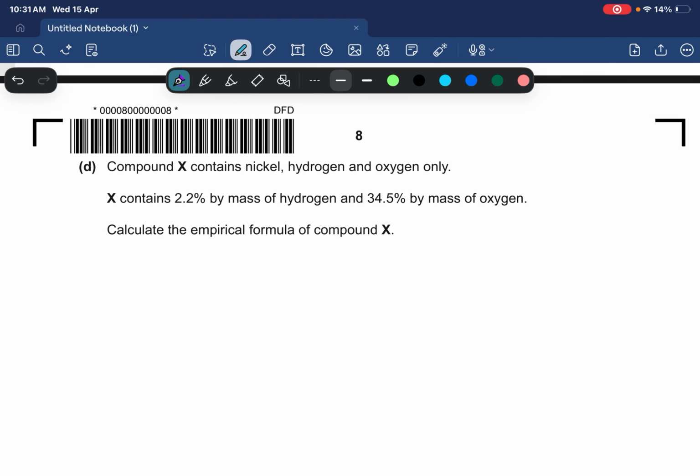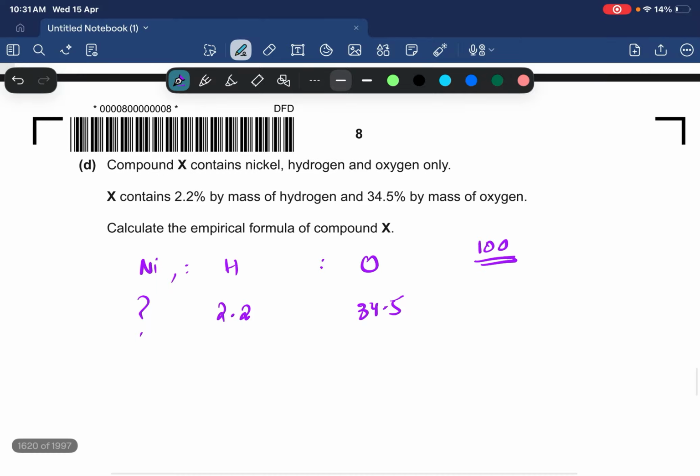Compound X contains nickel, hydrogen, and oxygen only. X contains this much hydrogen, this much oxygen. Calculate the empirical formula. No worries. So it has nickel, hydrogen, and oxygen: 2.2 hydrogen, 34.5 oxygen. Then how much nickel? 100 is the total. The sum of these percentages is going to be 100.